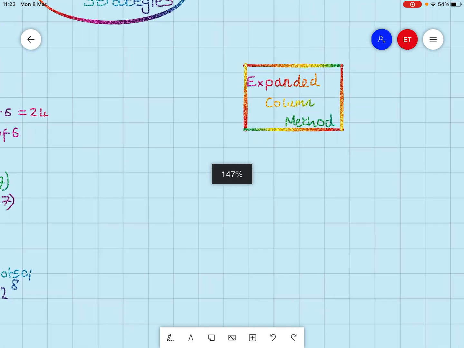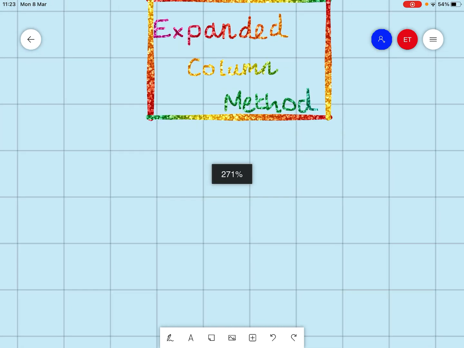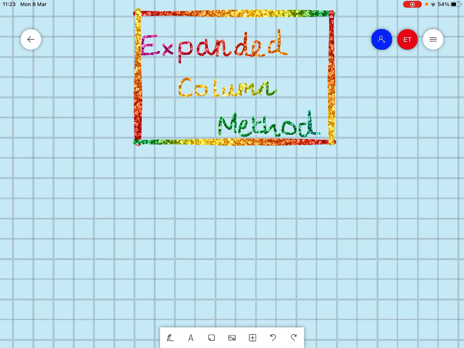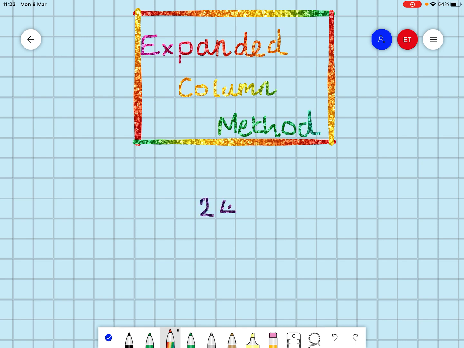But if you feel you need a little bit more of a challenge, let's look at the expanded column method. So let's say I had the sum 24 times 5. Okay? So the first thing I'm going to do, we've got our 10s and our 1s, remember?